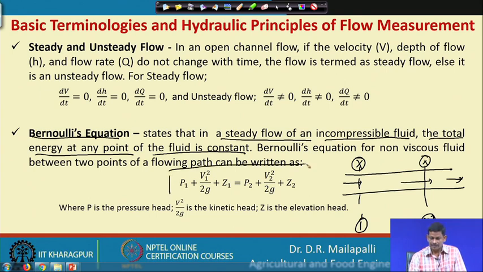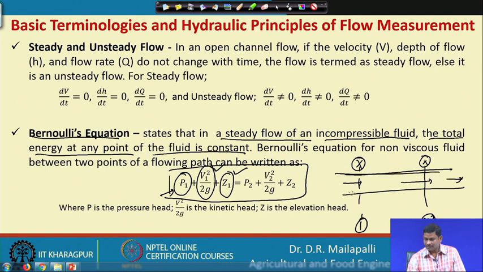Generally the total energy contains 3 components: the pressure and velocity. This is the kinetic energy, and this is the potential energy, or the pressure energy. At any point throughout this fluid flow, the total energy is constant. That is what Bernoulli's principle states.